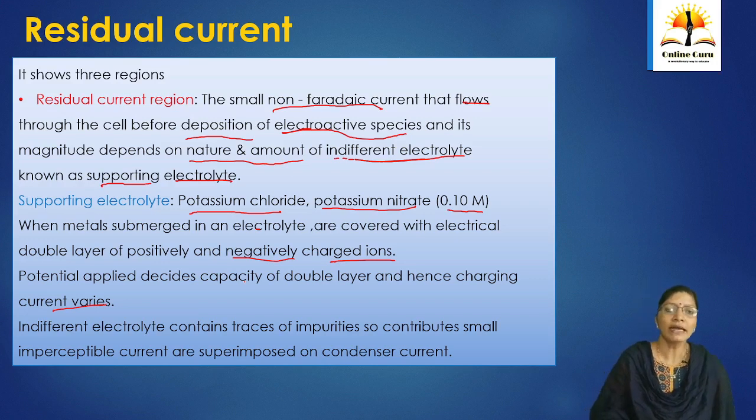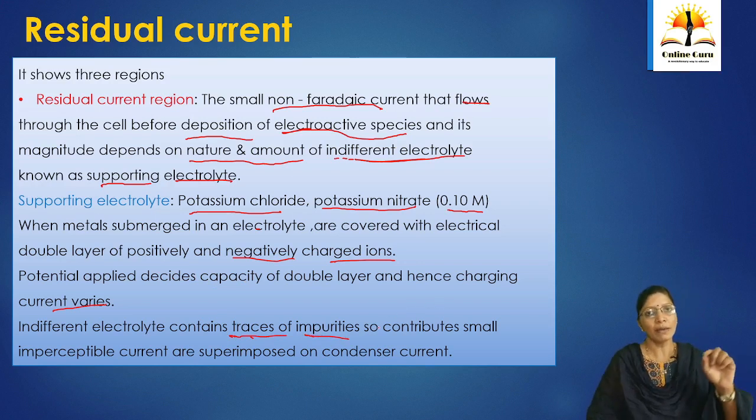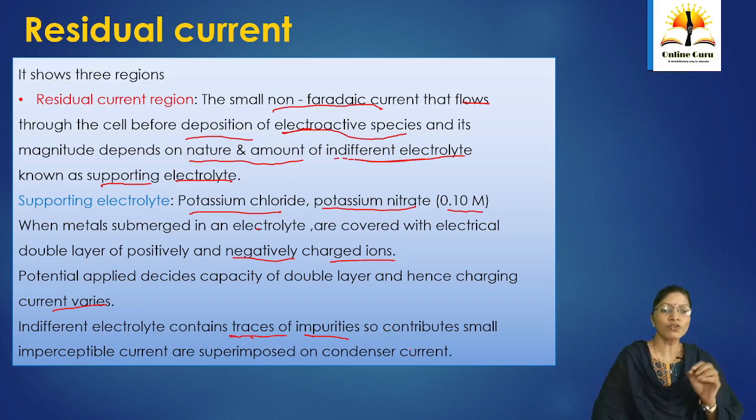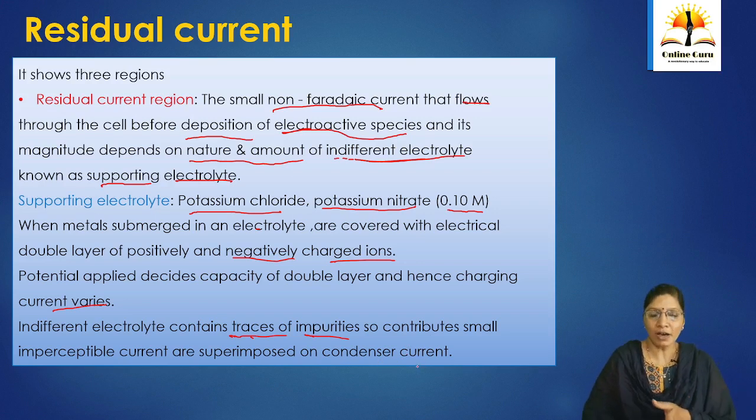Okay, so this indifferent electrolyte contains traces of impurities. You know that any chemical has a label giving us the assay value and exhibits some percent impurities in it. So it contributes a small imperceptible current, and that is superimposed on this charging current, capacitive current, also called condenser current. Okay, so all are one and the same term, defined under residual current.